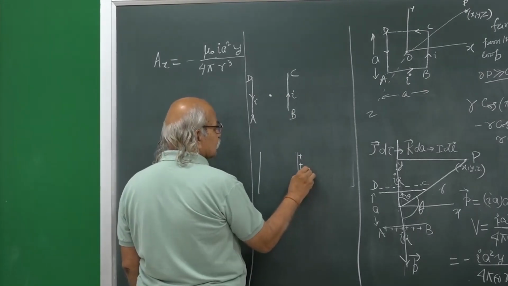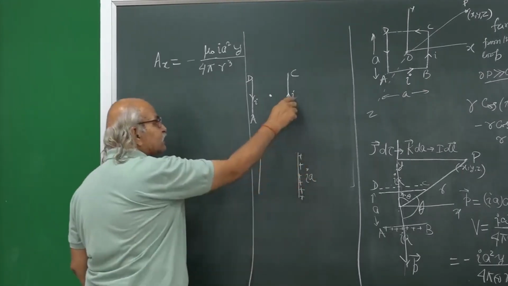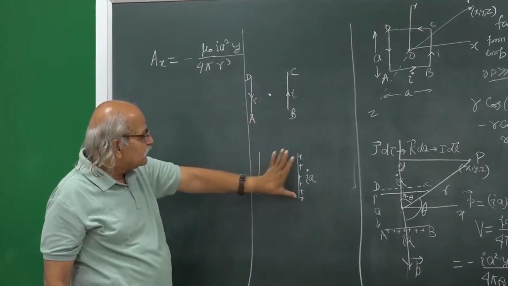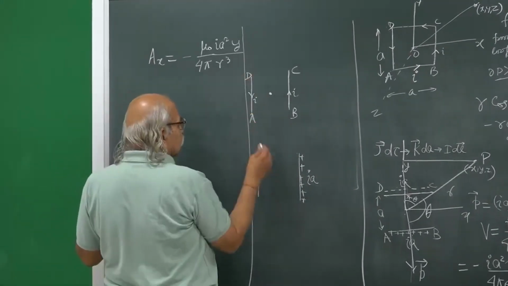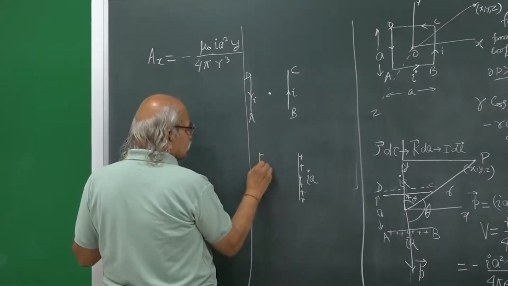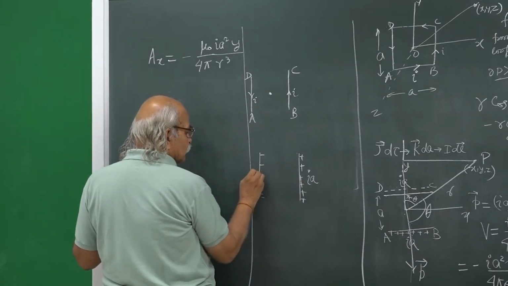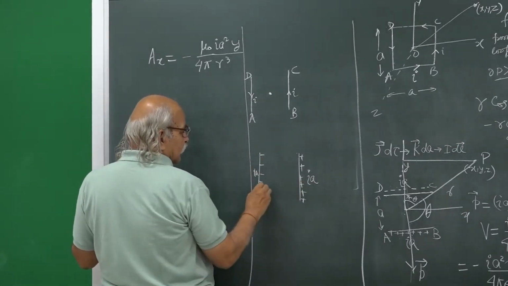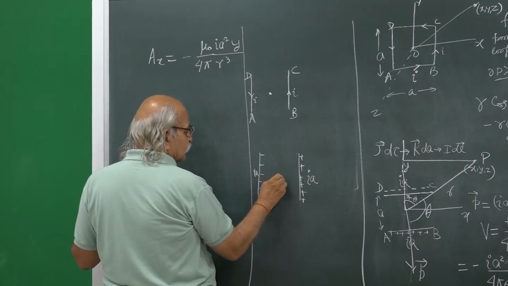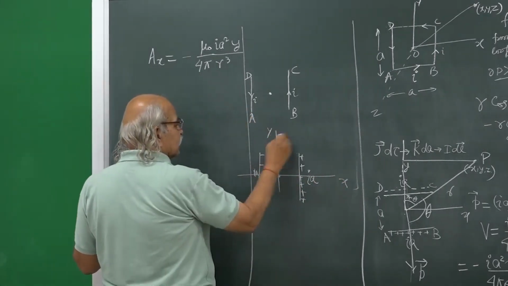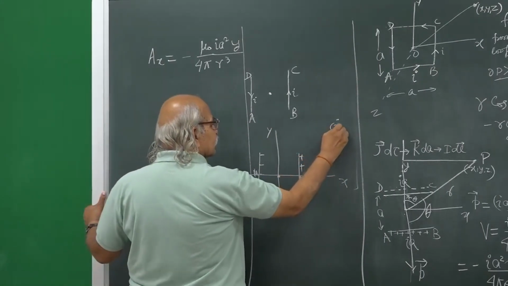I times A. I is the linear charge density and A is this length, therefore, I times A is here, and this is in the negative y direction. So, this will be negative charge here, once again magnitude is Ia, and this is the origin, this is x axis, this is y axis, x y z is somewhere here.